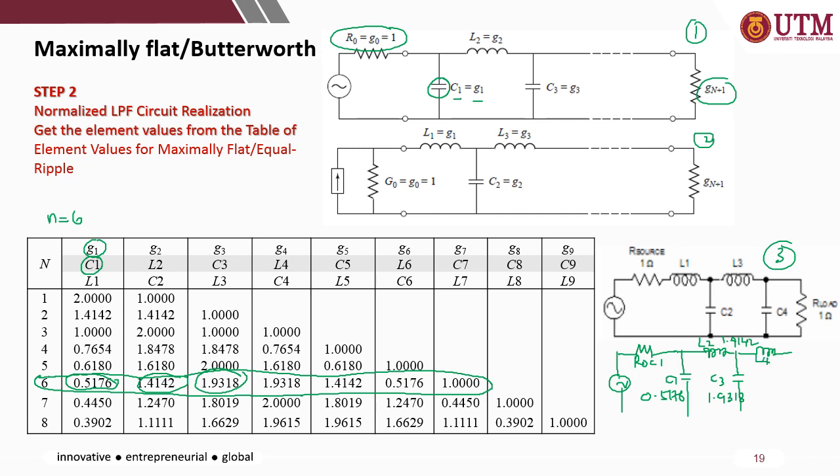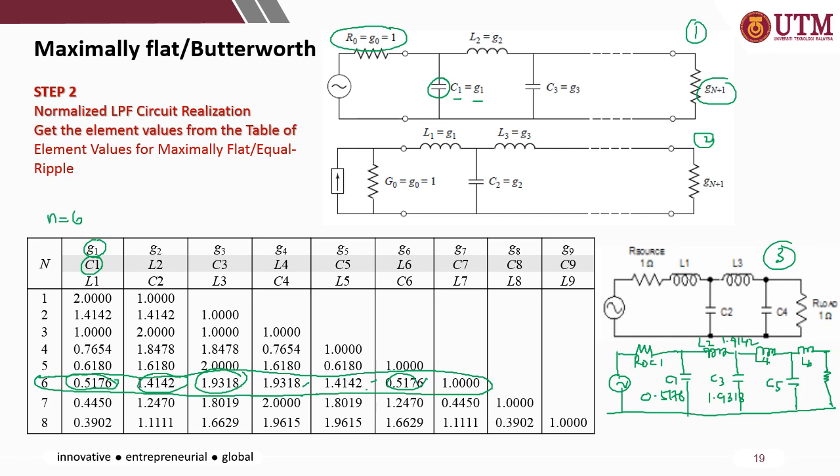Put the value in, 0.93, and then you still have the fifth component C5, 1.4142, and then you have another inductor L6. Okay, this is the L6 value.